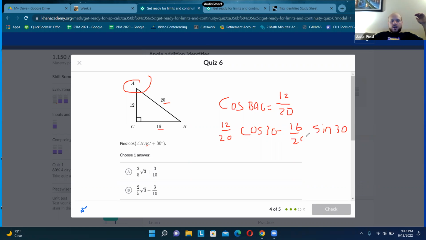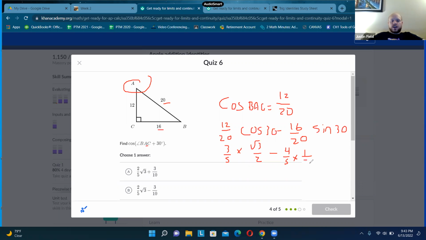All right, we're going to get this here. So cosine 30 is root 3 over 2. And 12 over 20, come on, let's reduce that. Let's stop being silly. Divided by 4, we get 3/5 times root 3 over 2. And 16 over 20, that's 4/5, and then sine 30 is 1/2.